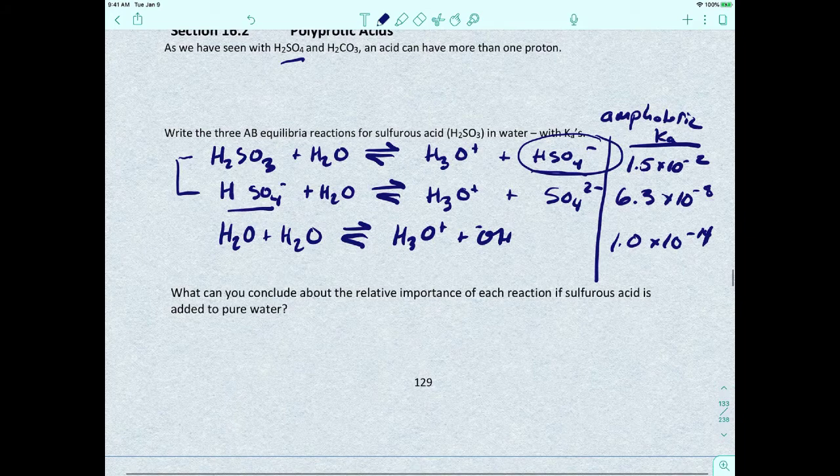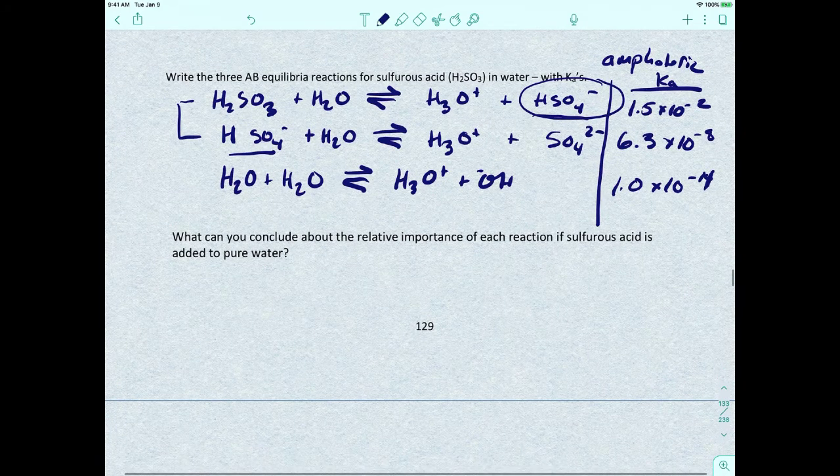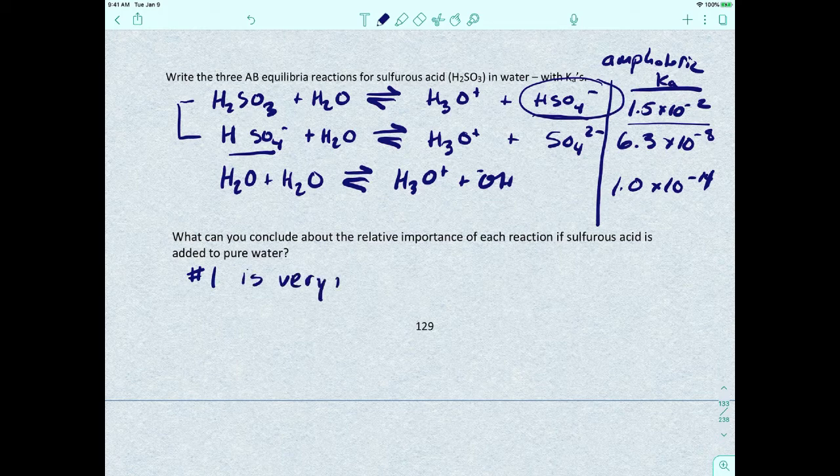So what can we conclude about the relative importance of each reaction if sulfurous acid is added to pure water? Because the first Ka is 10 to the minus second, compared to 10 to the minus 8th for the second reaction, the first reaction is very important because that's where the concentration of hydronium ion is really going to be coming from.